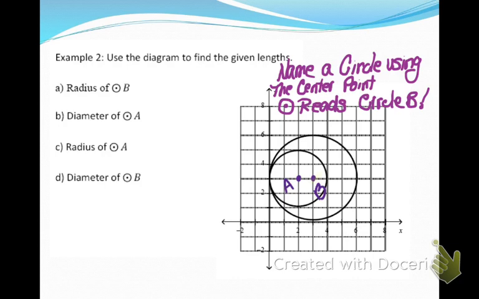And the radius is from the center to a point on the circle, so that's 1, 2, 3 units. Sorry, I counted wrong. My bad. Now, if I want to know the diameter of A, I have the circle that has A in the middle, and I go across that circle, and I see that has 4 units.